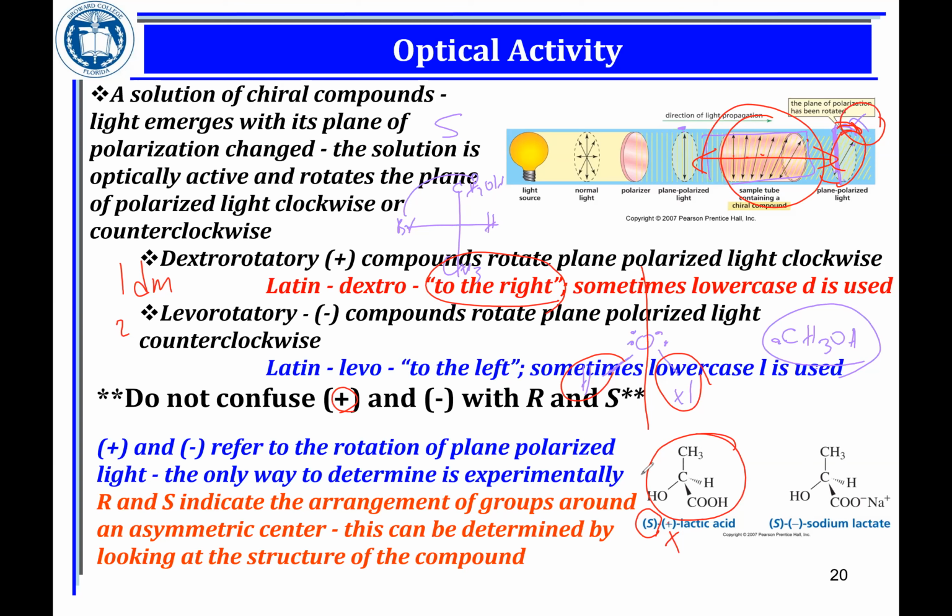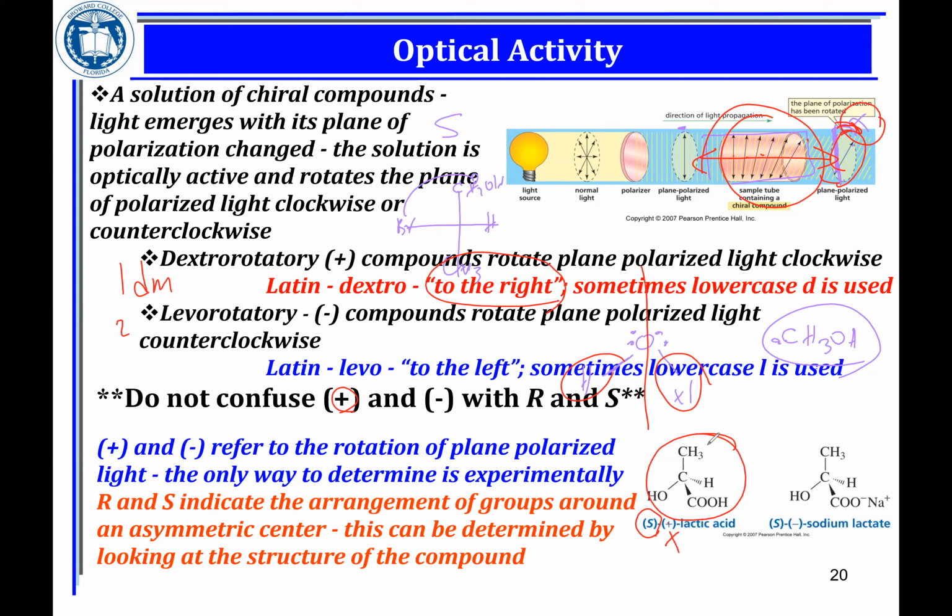If you take plus for right rotation and minus for left rotation, you cannot say that by looking at the structure. This value, or the sign of rotation, the direction for the rotation of the light, must be determined experimentally for each enantiomer.